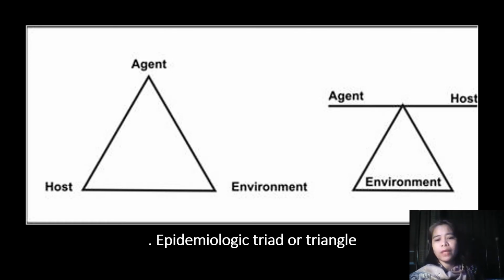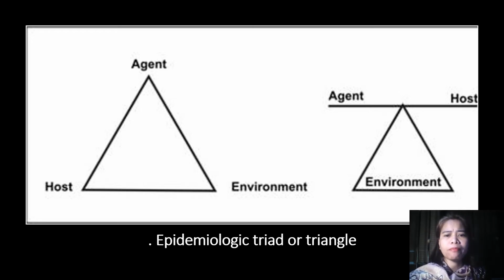Now, one particular model that we can use to describe this phenomenon is the epidemiological triad or triangle. This is the traditional model for infectious disease. The triad consists of an external environment, an agent, and a susceptible host.